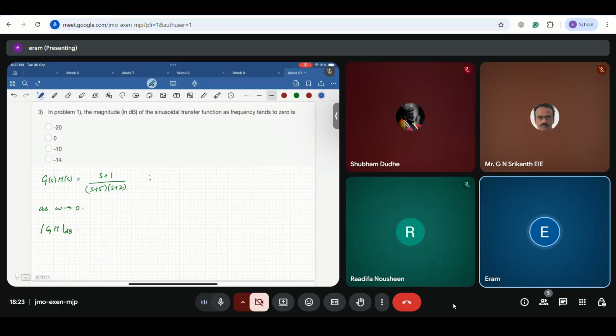Okay, in the frequency domain, this will be (1 plus j omega) divided by (5 plus j omega) and (2 plus j omega). What is the magnitude in dB?